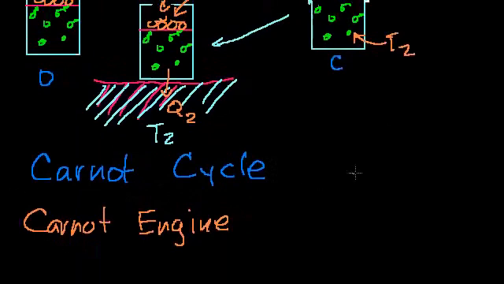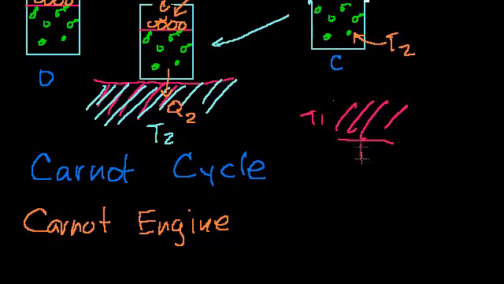You have a reservoir at T1, and then you have your engine right here. It takes Q1 in from this reservoir.